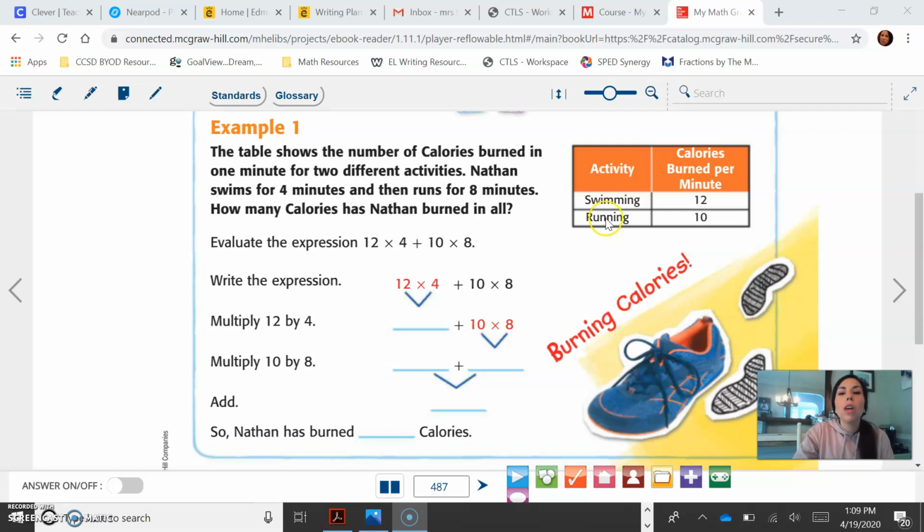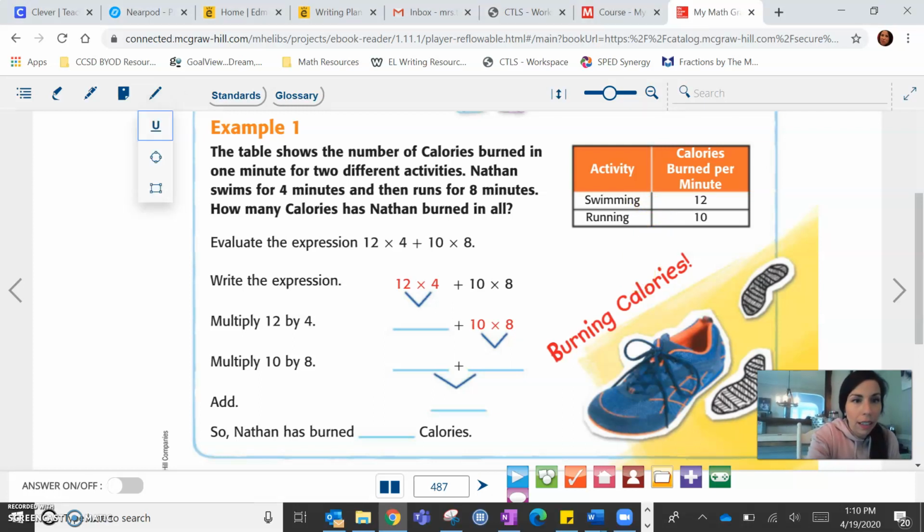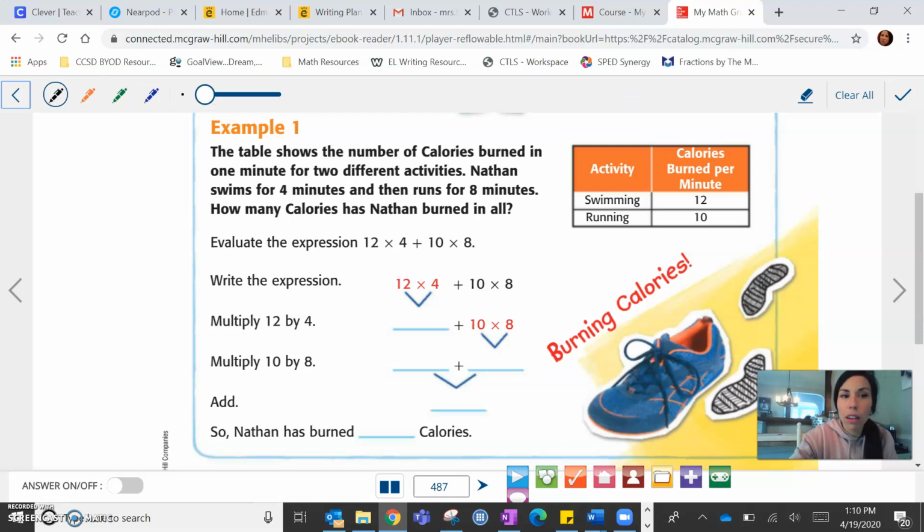So what they're telling you is that for swimming, he swam for 4 minutes. If each minute that he swims, he's burning 12 calories, then we know he's doing that 4 times.